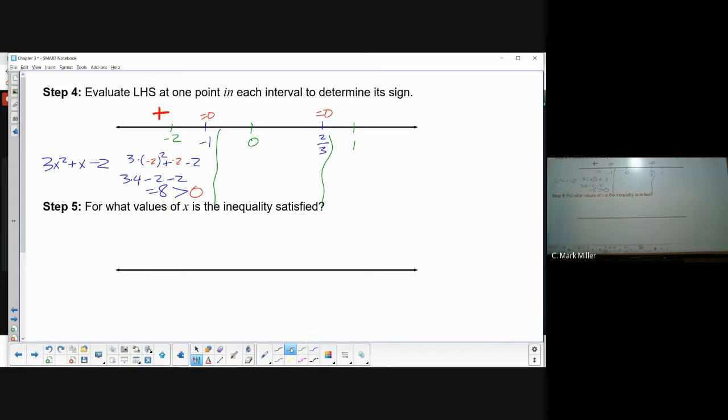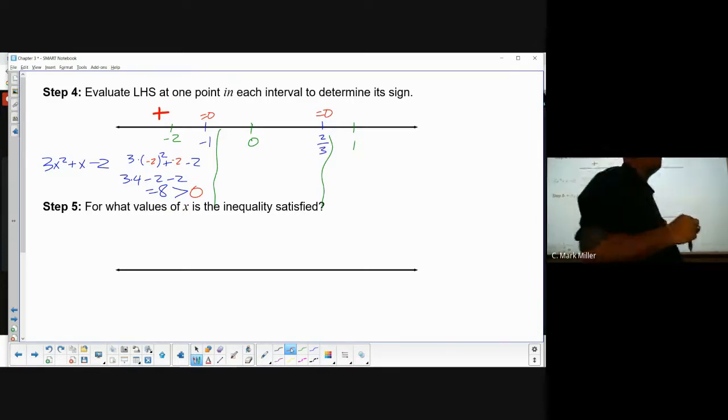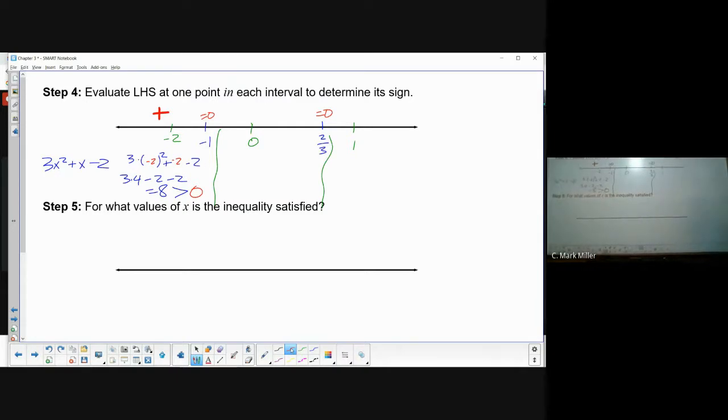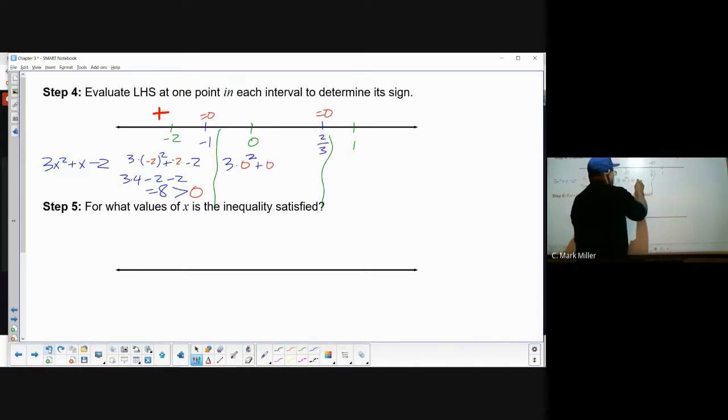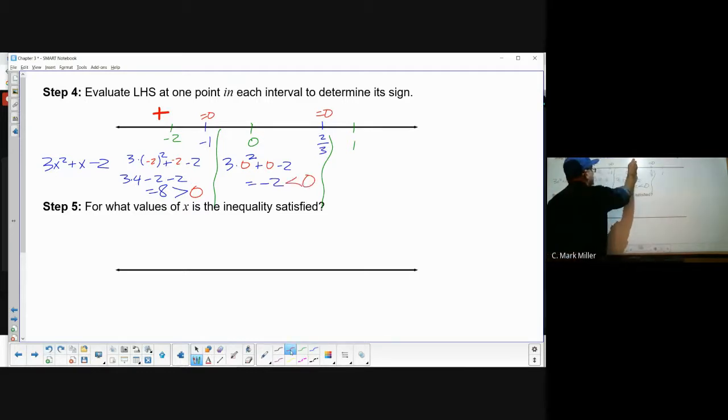If it's positive at one point, it's positive at every point in that interval, because it cannot change signs within these intervals. We okay on that? Question? 0 is easy to plug in, right? You're going to get 3 times 0 squared plus 0 minus 2 equals minus 2, which is less than 0. So it is negative in the middle.